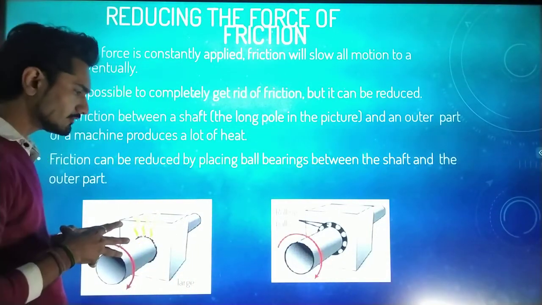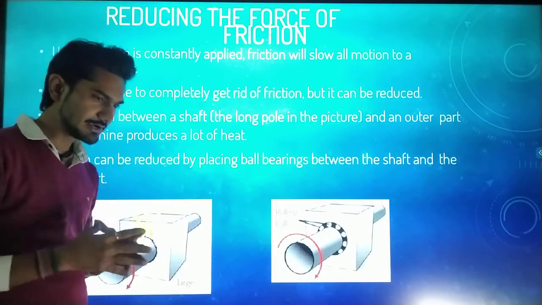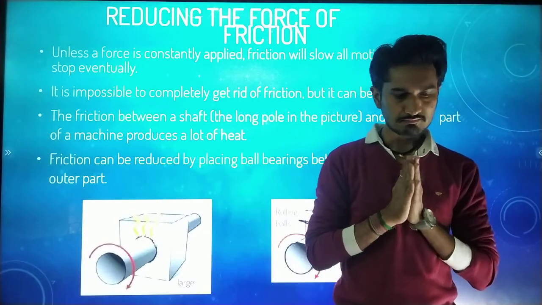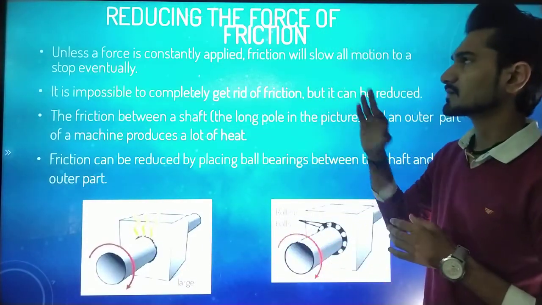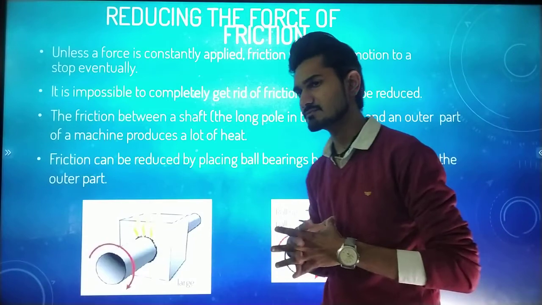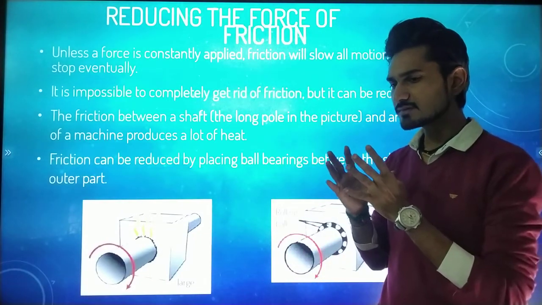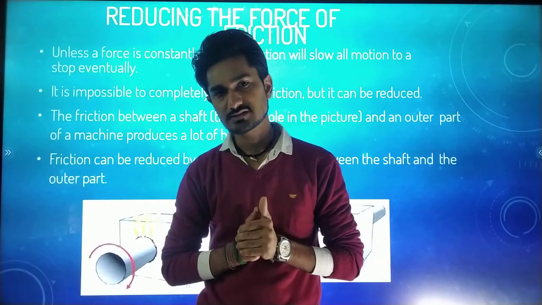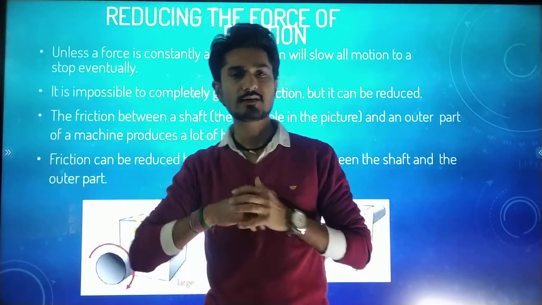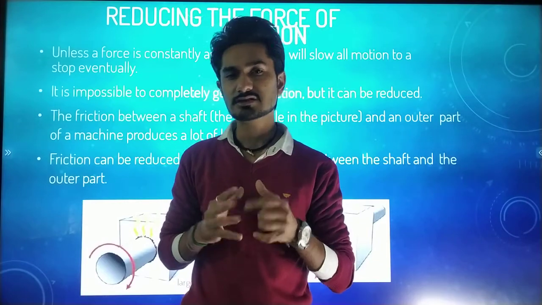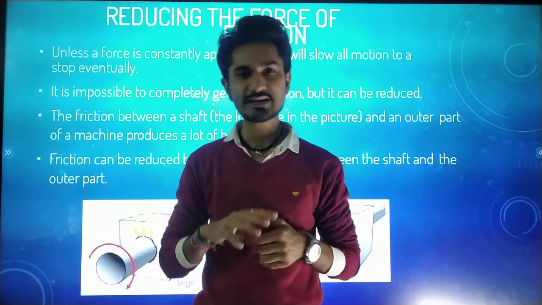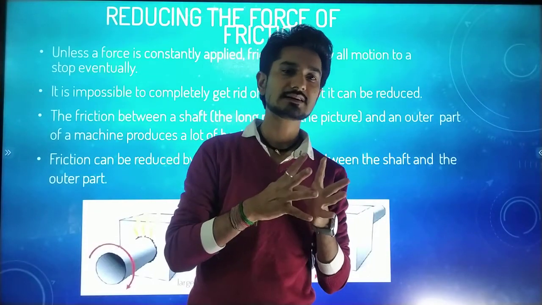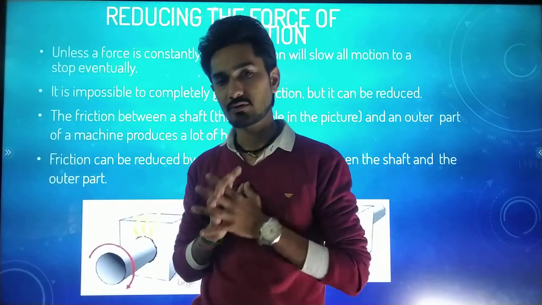Whenever we want to reduce friction, the first thing we can do is use rotary machinery. The first idea: we know that on a circular, spherical or rotating surface, friction applies in a smaller amount.